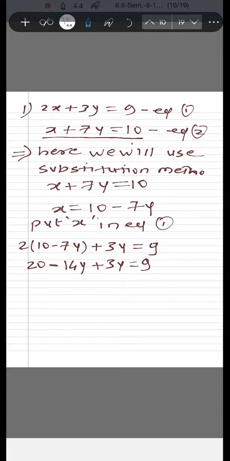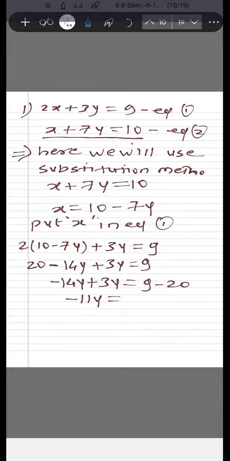The 20 comes to the right-hand side and changes sign, so it becomes negative 20. Minus 14y plus 3y is minus 11y.